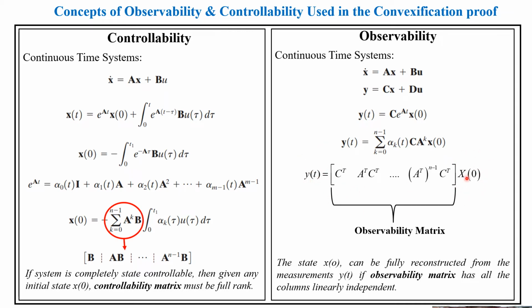This can be fully reconstructed only if this matrix is invertible. That means this matrix should have all the columns linearly independent. That means the rank of the matrix formed by this should be full rank, which is equal to the number of states. This is one of the concepts used in this paper. So let's go further.